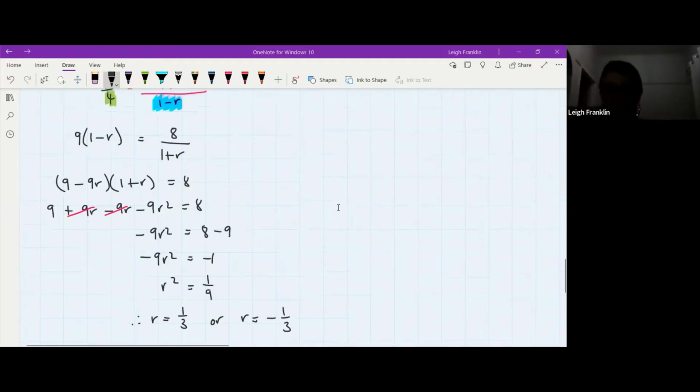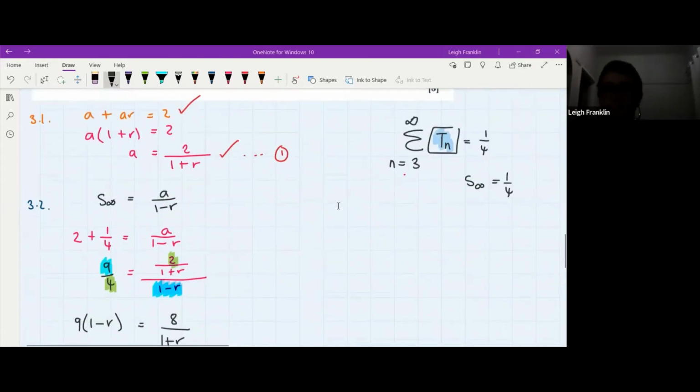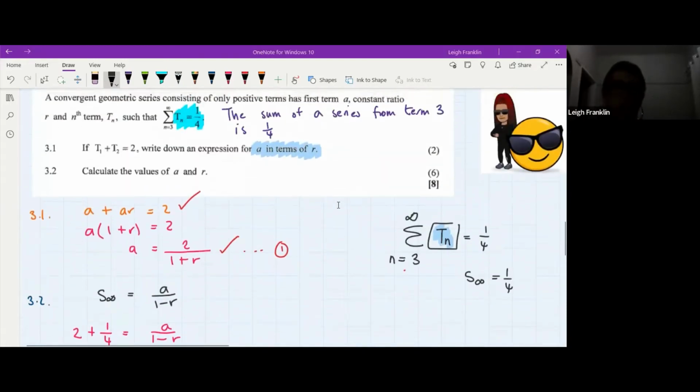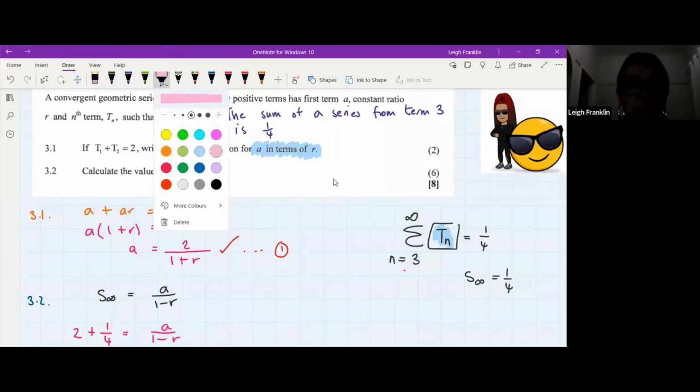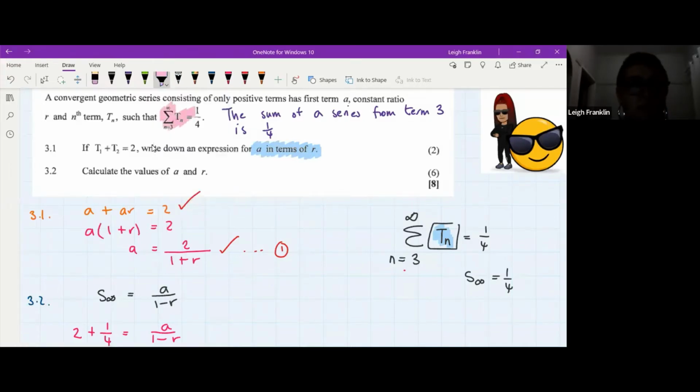That's fine. Okay, so it all comes down to the way in which we have interpreted the information that's been given to us. In this particular question, it all comes down to us understanding what this that I'm highlighting means. What does that mean?